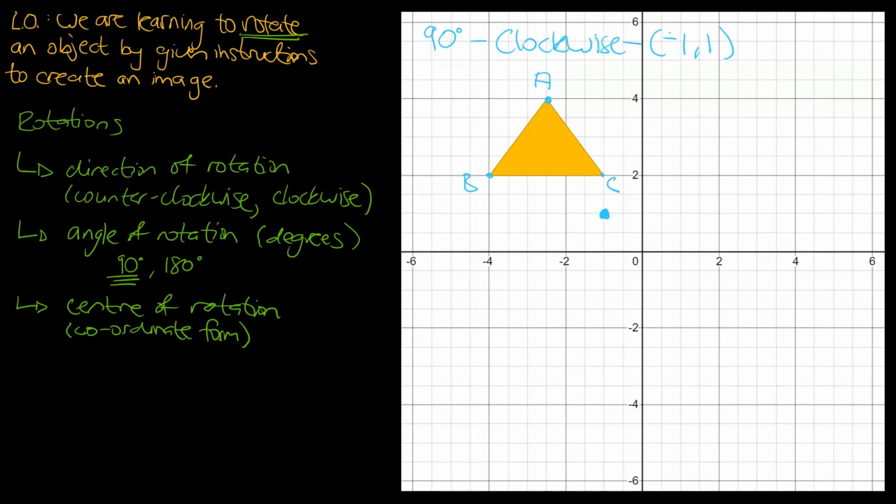What I like to do is draw the quadrants from the earlier video, which breaks things up into 90-degree segments. What we know is this point C is going to be rotating 90 degrees. So this point down the bottom is going to be our C prime.